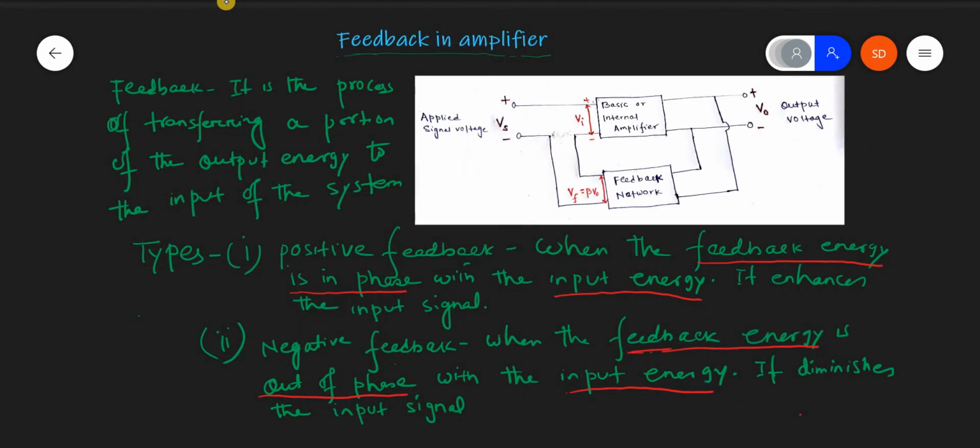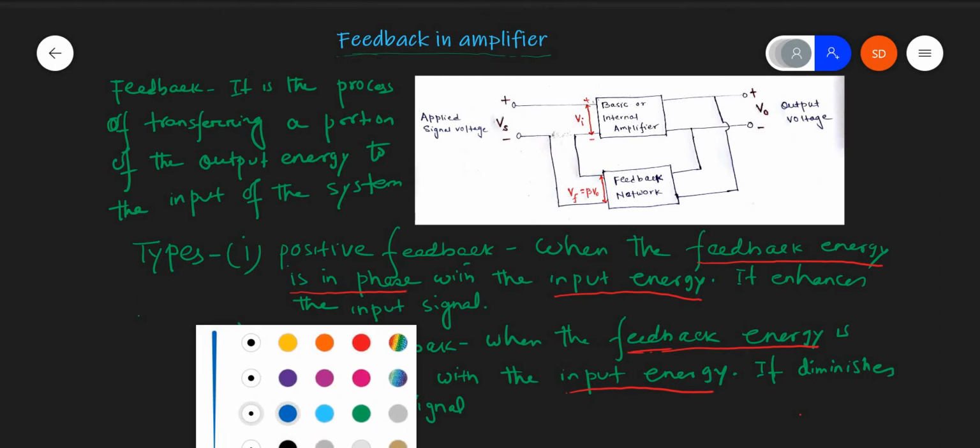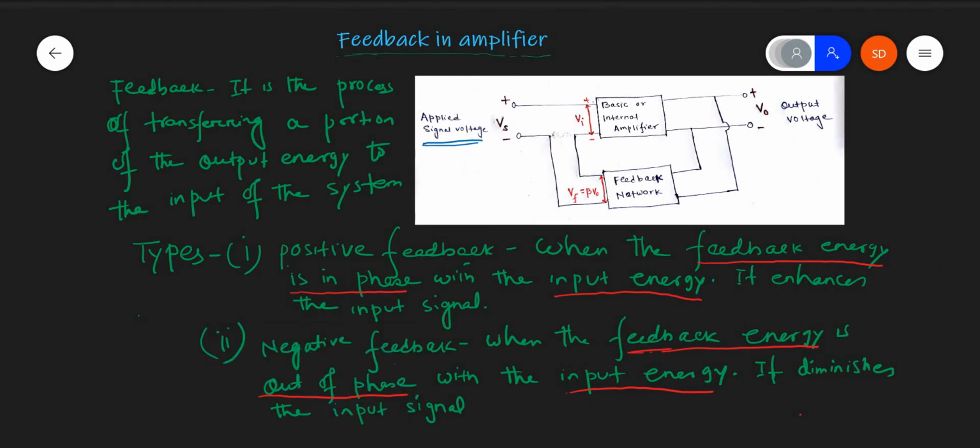Here we have got a diagram. In the diagram you can see the applied signal voltage represented by Vs, and the output voltage represented by V naught.